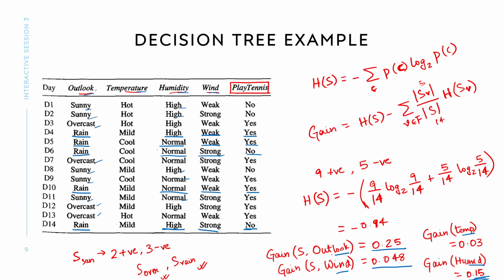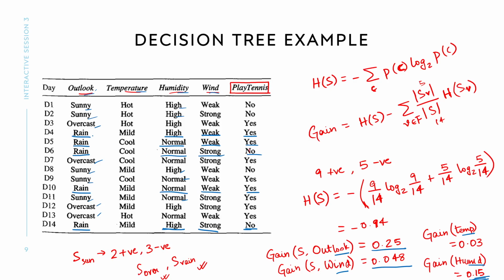My point is that outlook has got the four outcomes, and all four are yes. So we can directly start creating the decision tree with outlook, right?